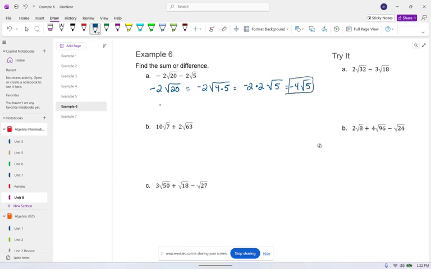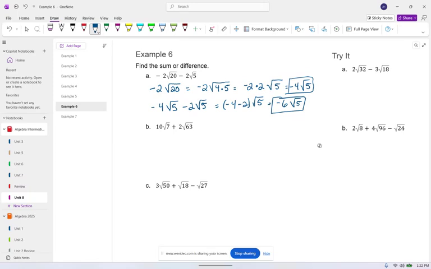Now we put that in there. Negative 4 square root of 5 minus 2 square root of 5 is equal to negative 4 minus 2, which is negative 6 square root of 5.